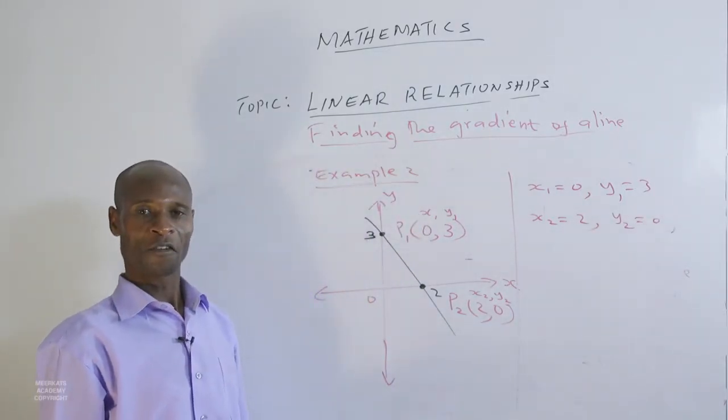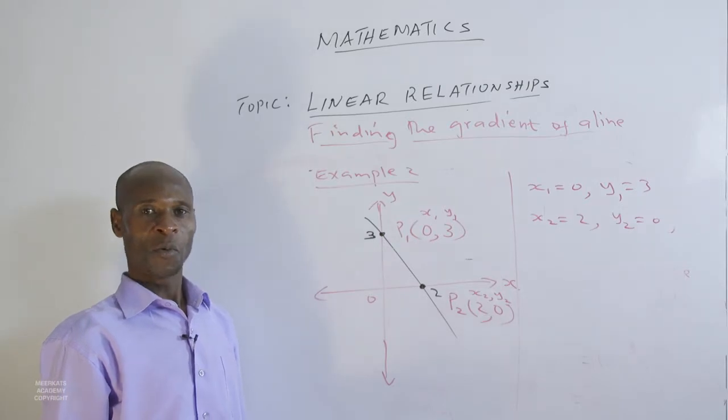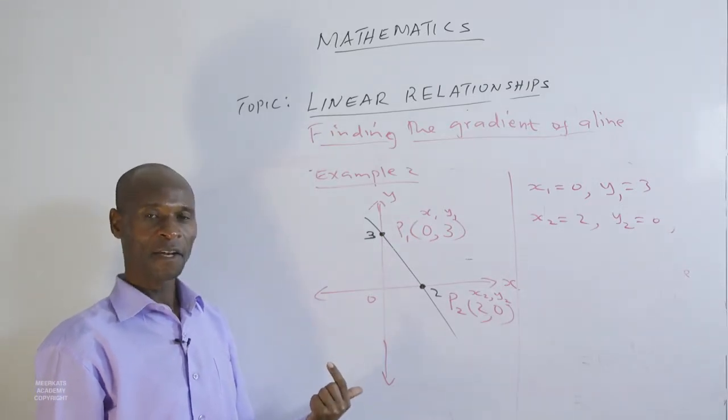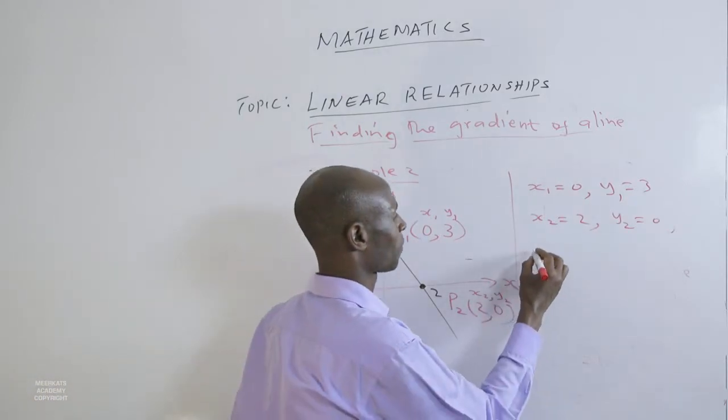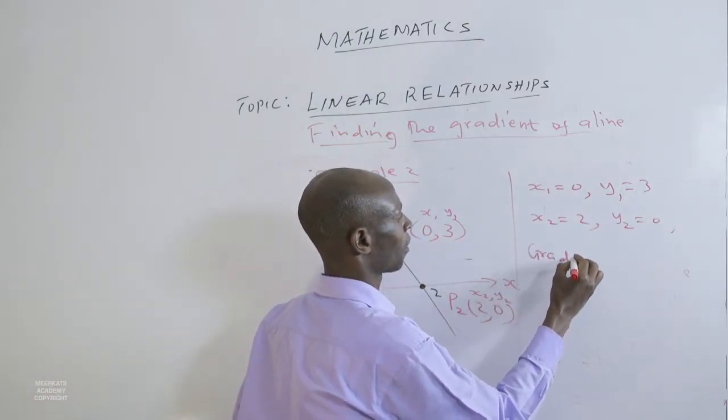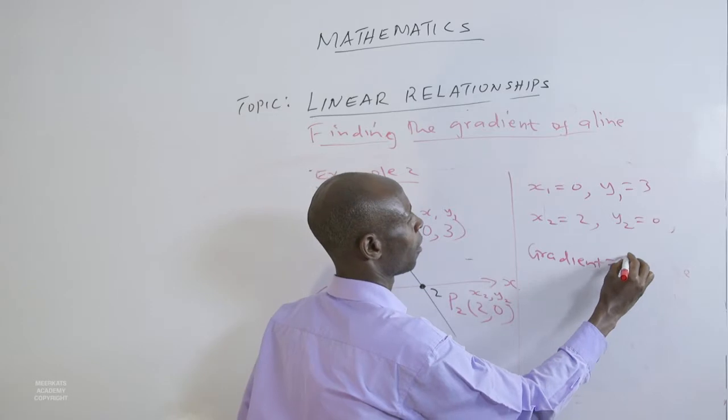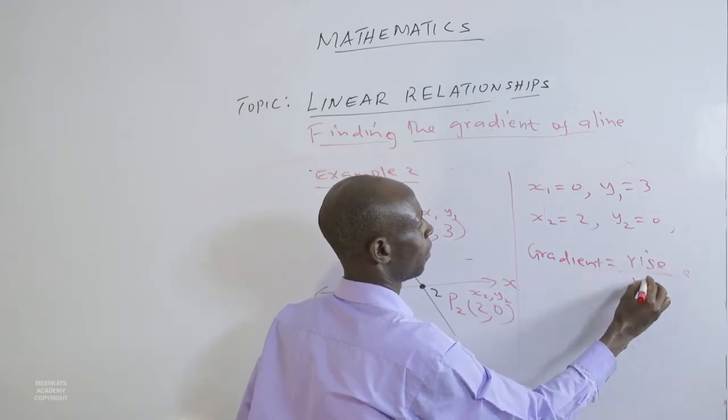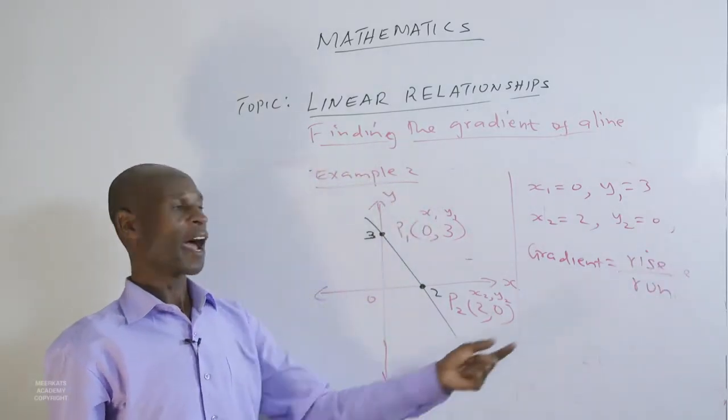From the formula of calculating gradient, we realize that gradient is given by rise divided by run.